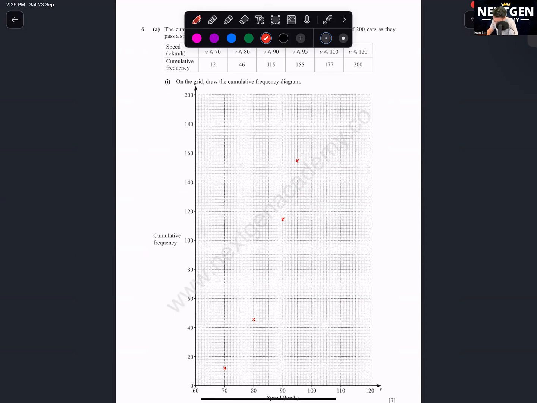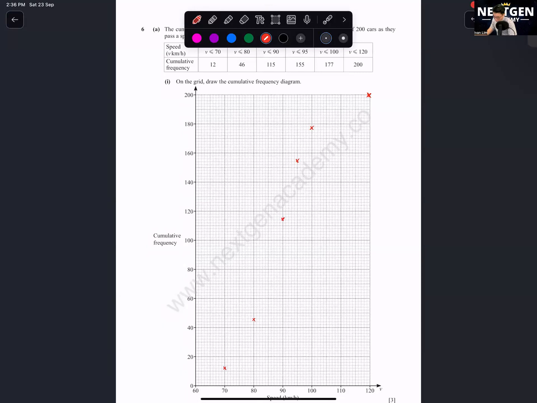100, 177. This will be about here. Then the last one, 120, 200. Look at the values and make sure you are plotting them correctly.